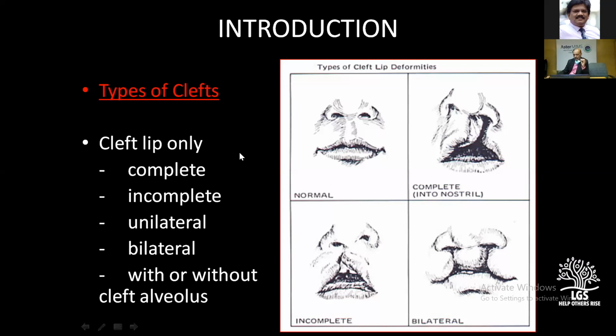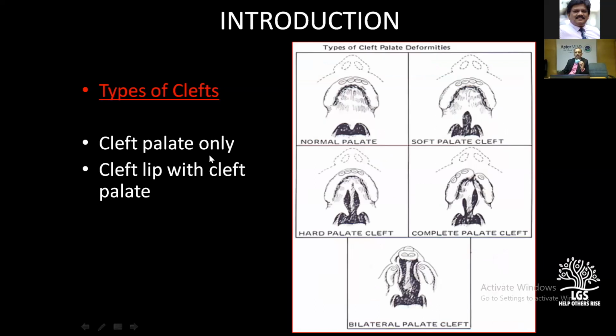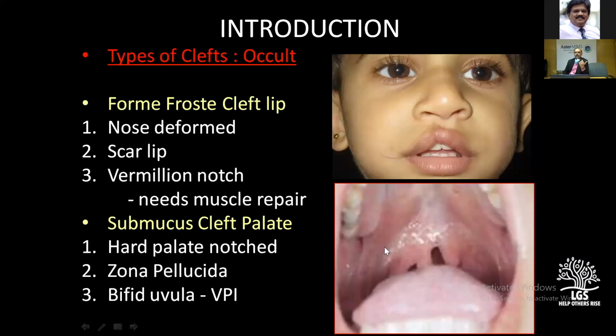So cleft of the lip alone presents in so many various ways. And in the palate, you can have a cleft of the soft palate alone. You can have a cleft of the soft and the hard palate. You can have a unilateral right-sided cleft, or a midline cleft, et cetera.